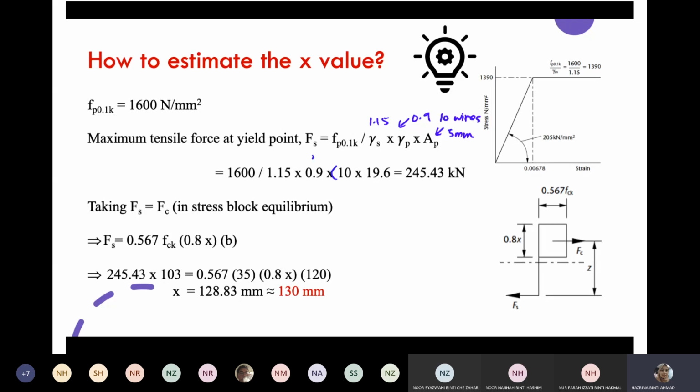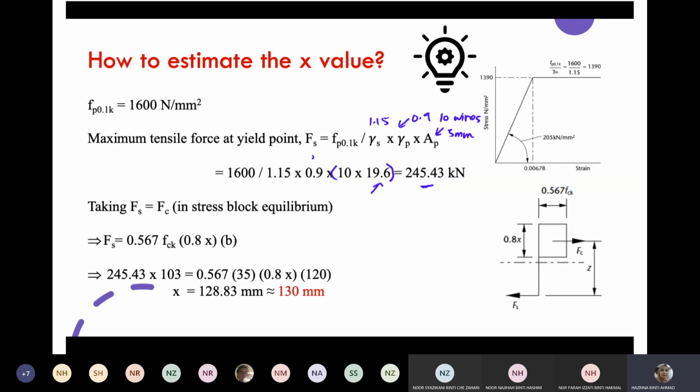One wire is 19.6, so for 10 wires we multiply by 10. Therefore we have 245.43 kilonewton.